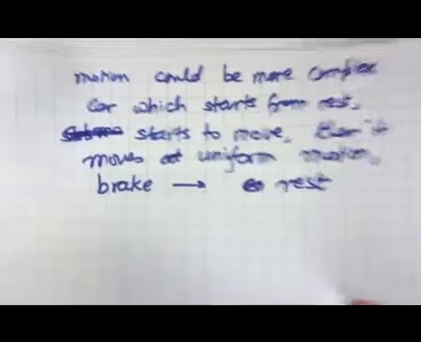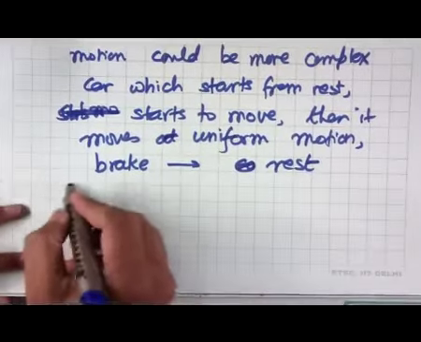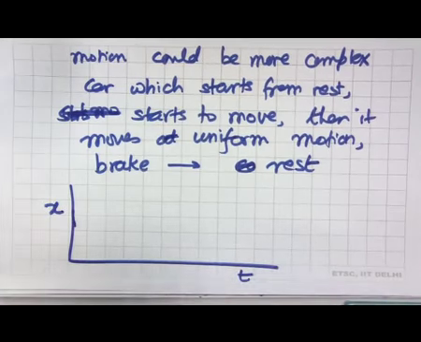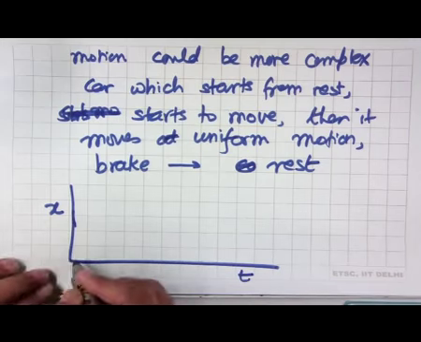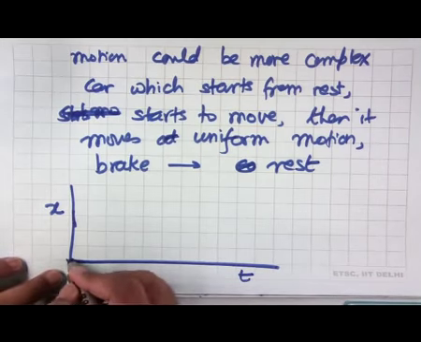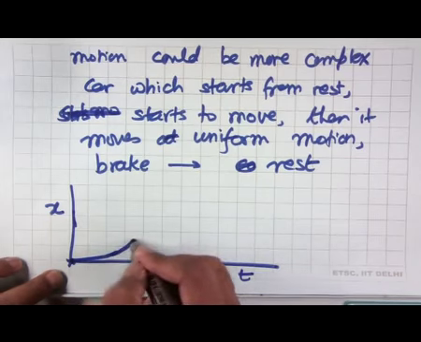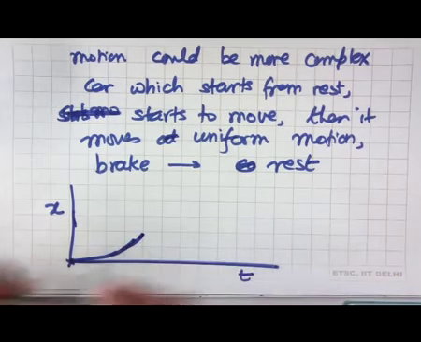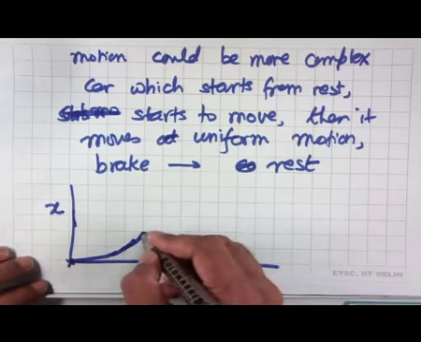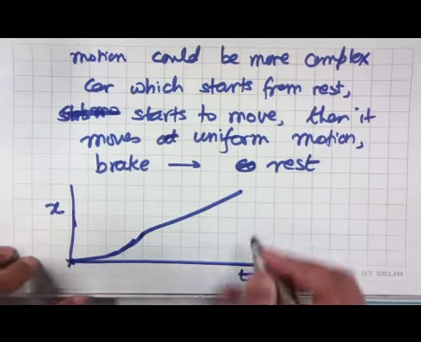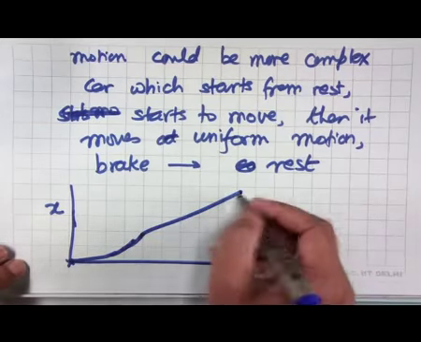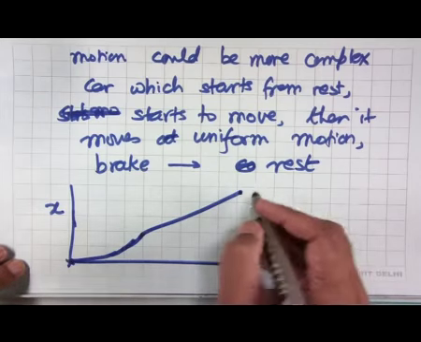So, if we generally would like to plot the x t curve for this type of motion, then what we will find is at time t is equal to 0, the car is at rest. Then it starts to increase its displacement, and after some time it comes to a state of uniform motion and it continues to move with uniform motion, and at this time let us say a brake is applied.